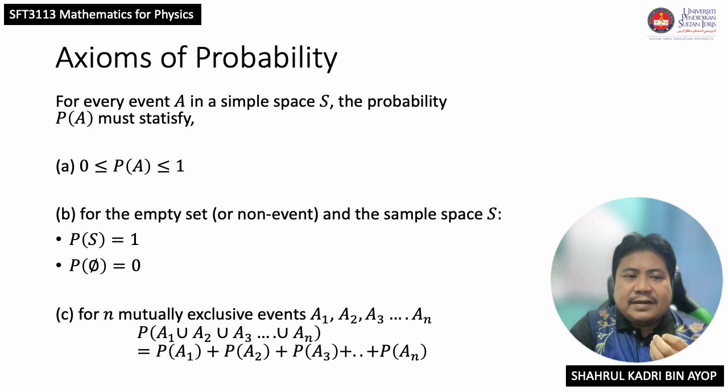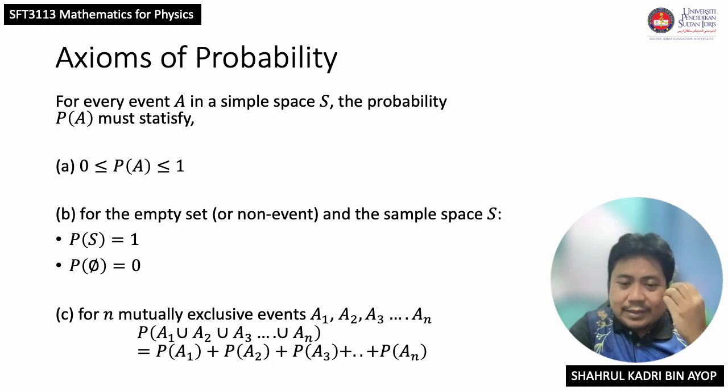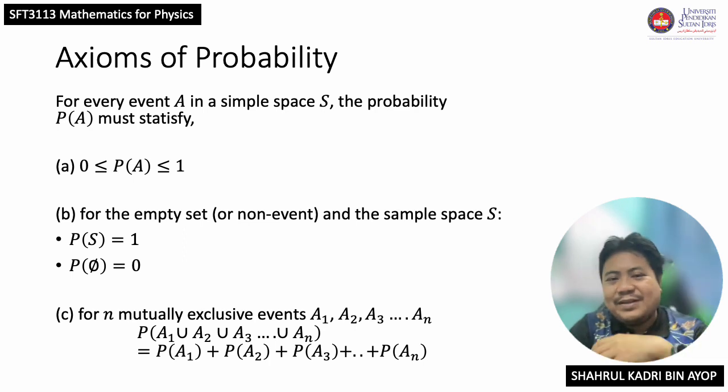For every event A in a sample space, the probability of that event occurring is between 0 and 1. The probability cannot be -1, and it cannot be 1.2. That is wrong.